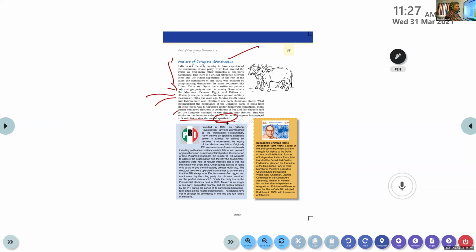India is not the only country to have experienced the dominance of one party.